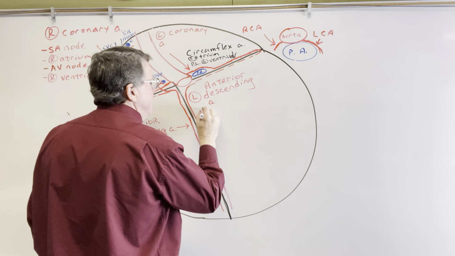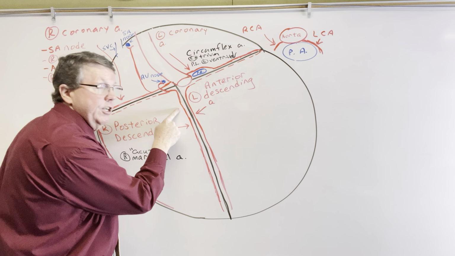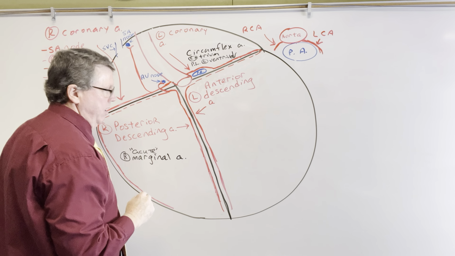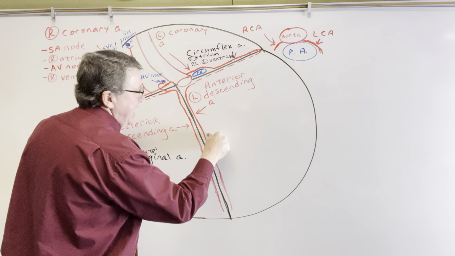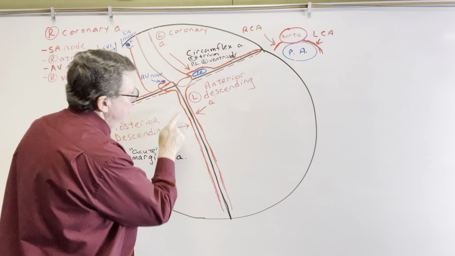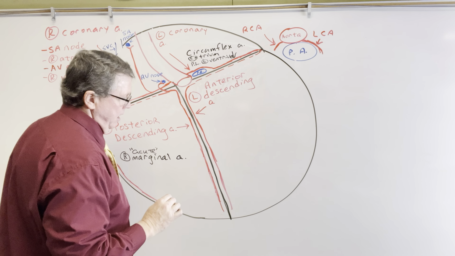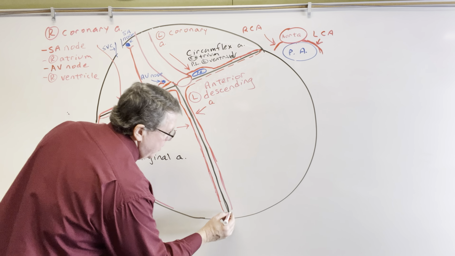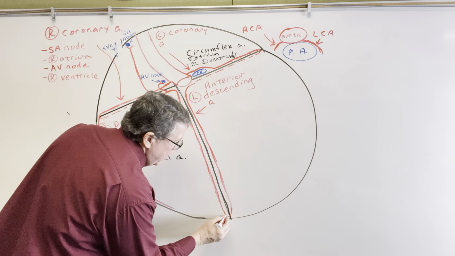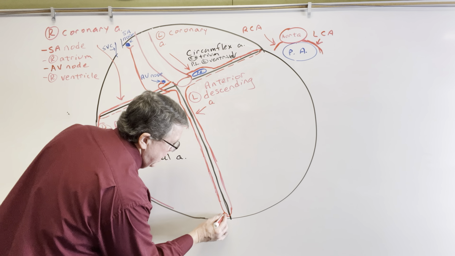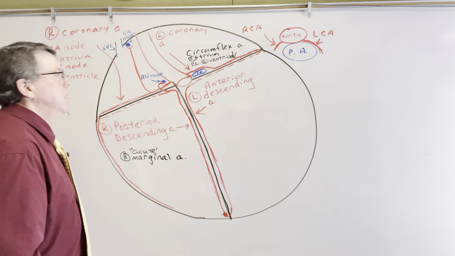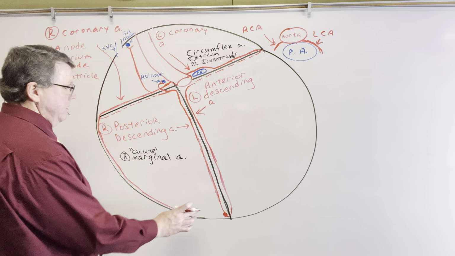Now, this is traveling, like I said, in something called the interventricular groove; the posterior interventricular groove is for the other one, and this is traveling in the anterior interventricular groove. This is my interventricular septum right here, so these are supplying blood to the interventricular septum. This is going to go down, and basically these are going to form an anastomosis down in the apex of the heart. Okay, so that's what's going to happen with those.